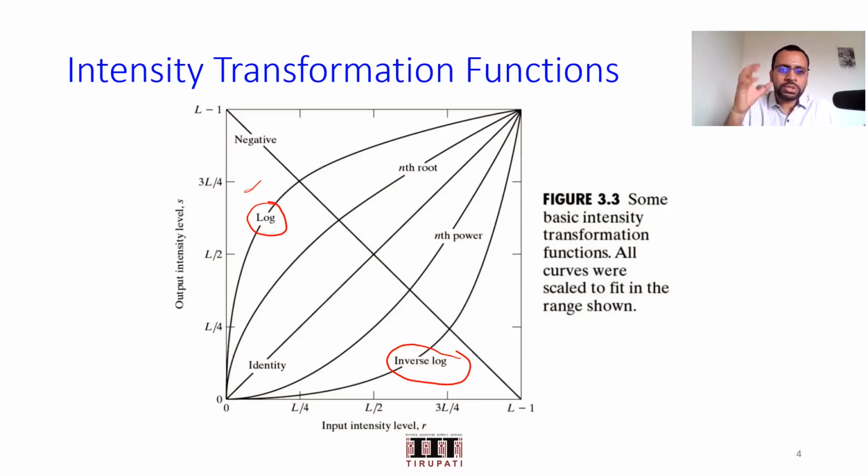So when most of the content of your image is within a small intensity range, you can still have high intensity pixels, but the number of pixels in that range is less. Most of the content is in the low intensity region, you would go for log transform. In exactly the opposite case, you would go for inverse log transform.